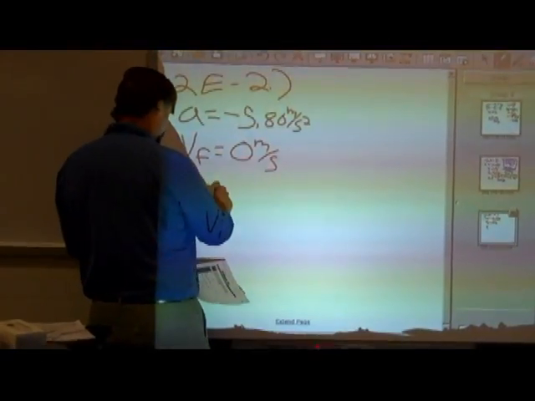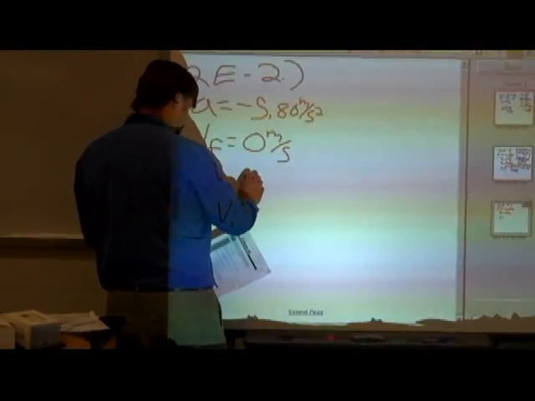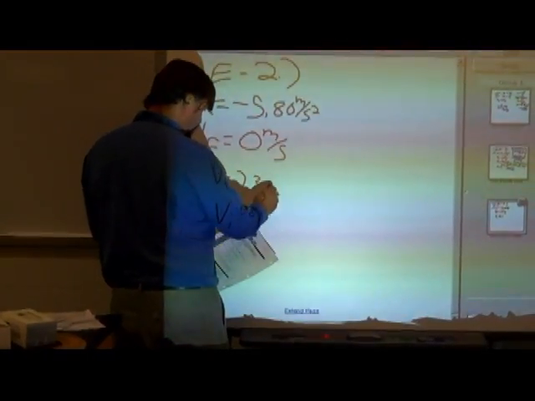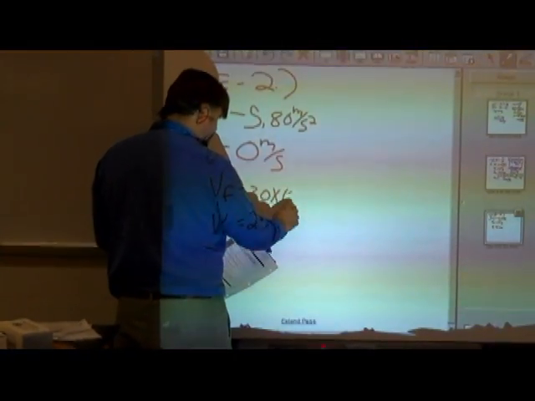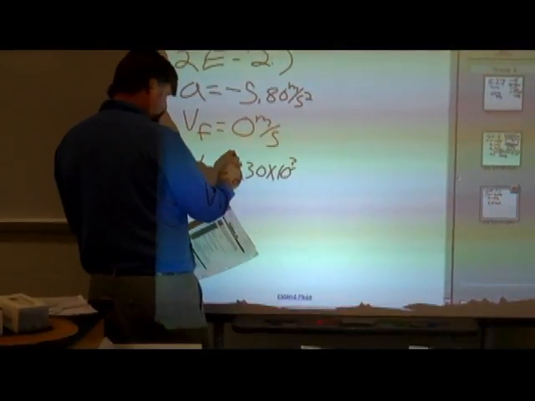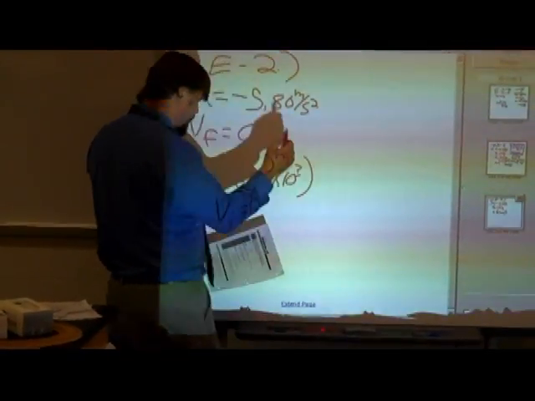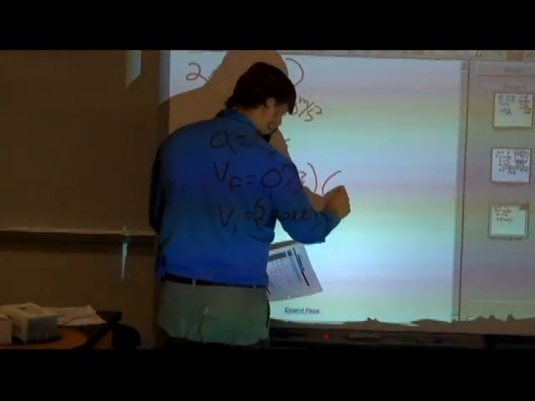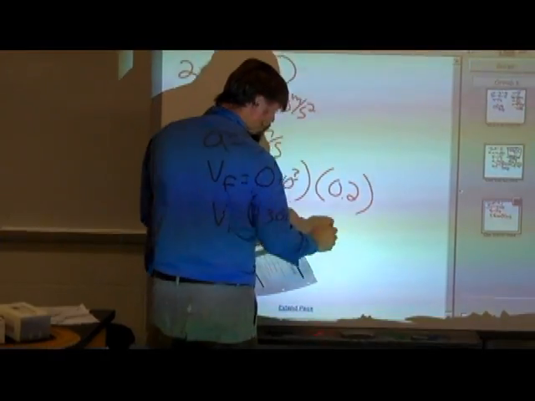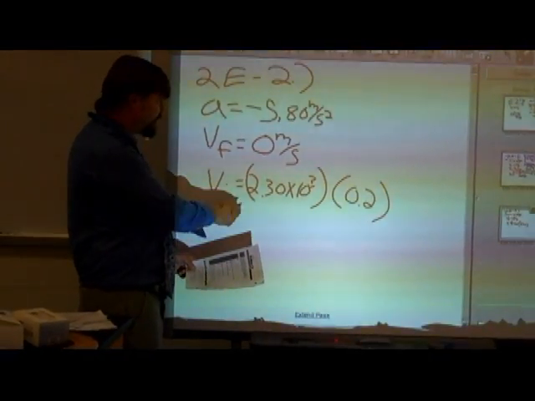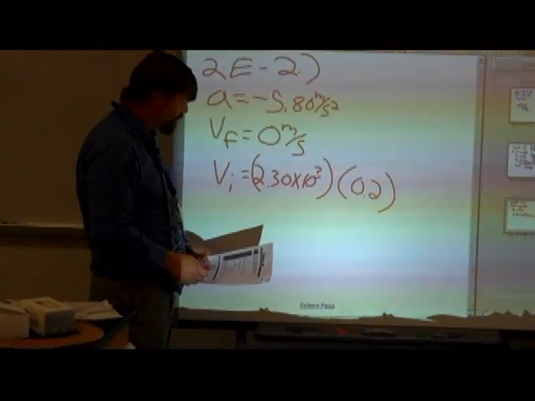So our cruising speed is 2.30 times 10 to the third power, and 20% of that would be times 0.2, to find our initial velocity as it came to a landing.